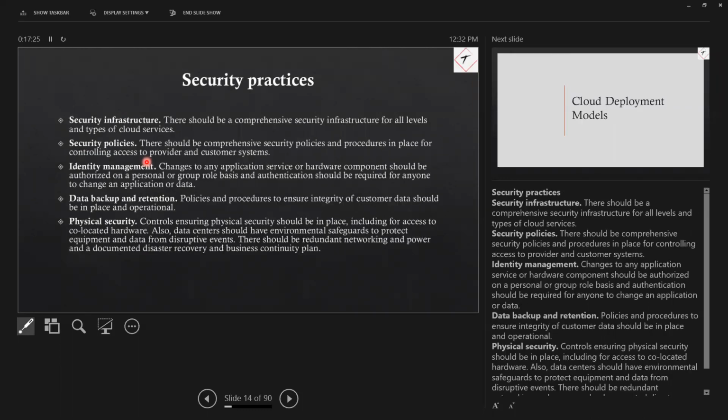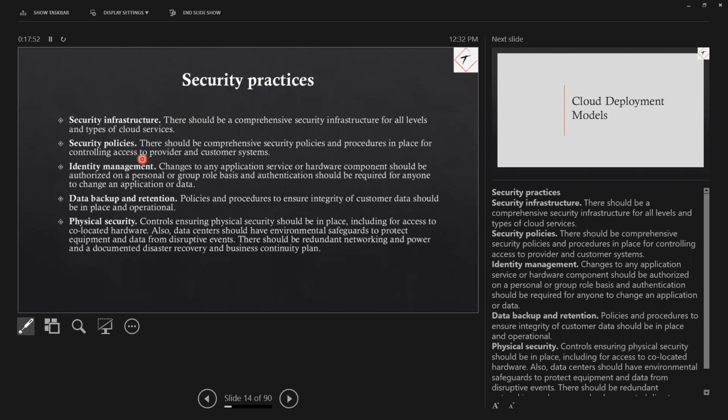Security and practices, a very key thing in today's world. So you need to ensure they have a comprehensive security infrastructure for all types of cloud services they provide. What are their security policies, and how in depth can you control access to your APIs and also to your customer systems?